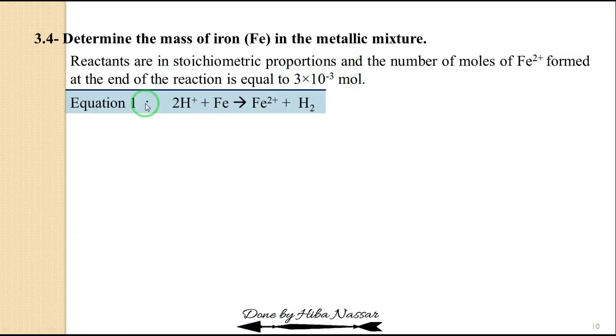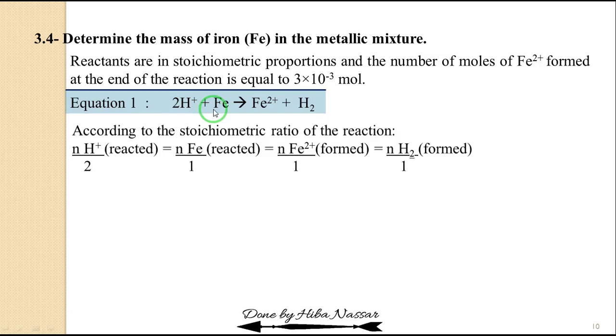Depending on equation 1, the reaction between the acidic solution and the iron, according to the stoichiometric ratio, the number of moles of H+ reacted over the coefficient 2 is equal to the number of moles of iron reacted over 1. It's equal to the number of moles of Fe2+ formed over 1, which is equal in turn to the number of moles of hydrogen H2 formed over 1.